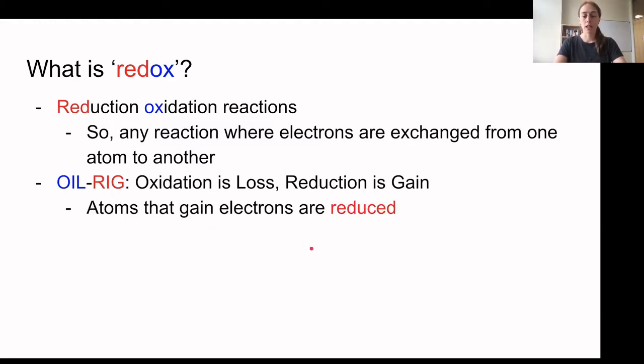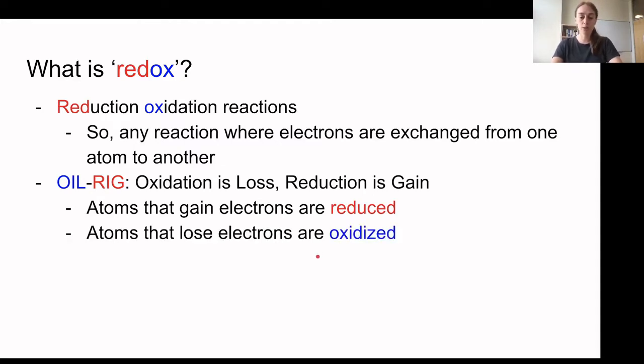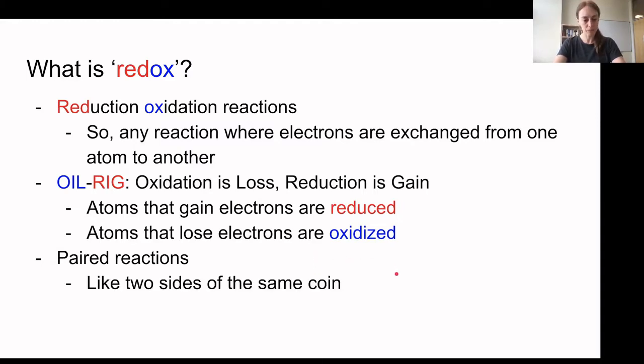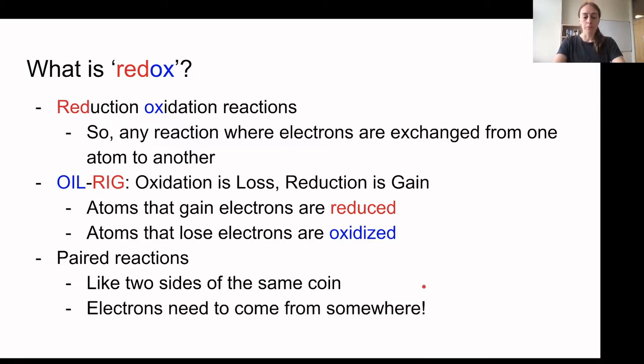So atoms that gain electrons are reduced, and atoms that lose electrons are oxidized. And again, these are all paired reactions, and we'll go through this in great detail with a couple examples. It's just like two sides of the same coin, and these electrons need to come from somewhere.